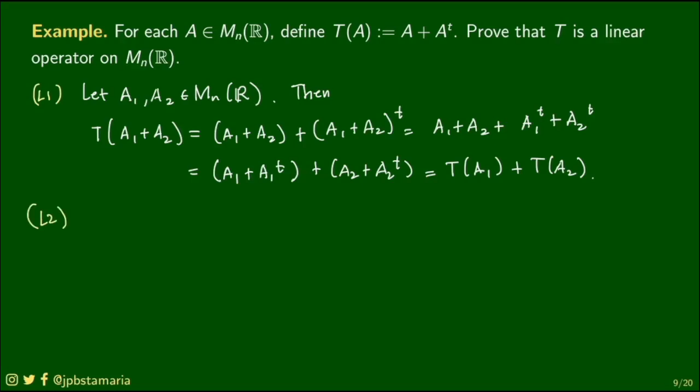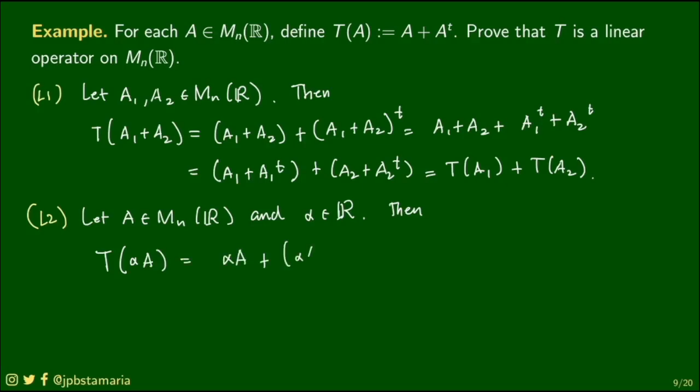For equation L2, we only need one matrix from the vector space M_n(R), and one scalar alpha from R. And here, if we apply T on alpha times A, you get alpha times A plus the transpose of alpha times A, just like in the definition of T. But the transpose of alpha times A, based on the properties of the matrix transpose, is just equal to alpha times the transpose of A. Now we can apply the distributive property over here.